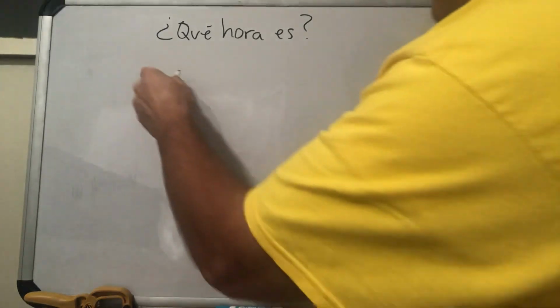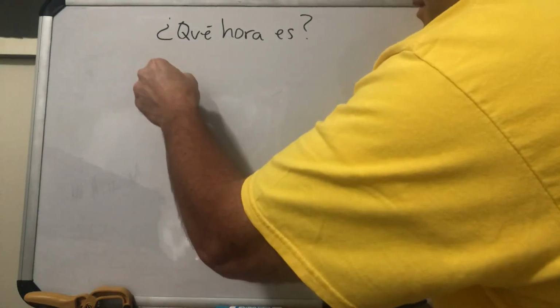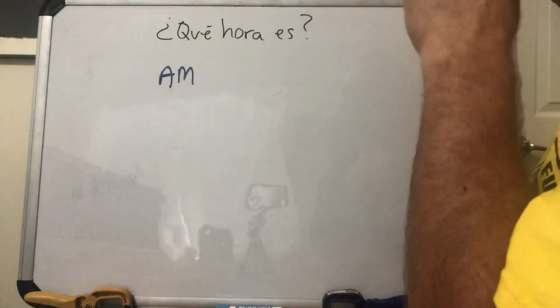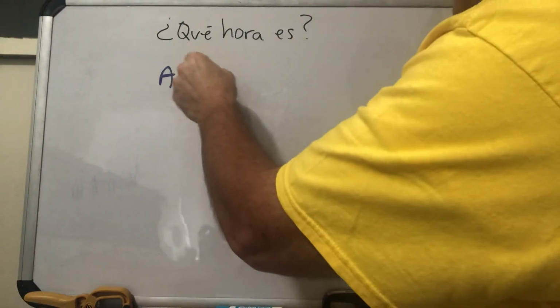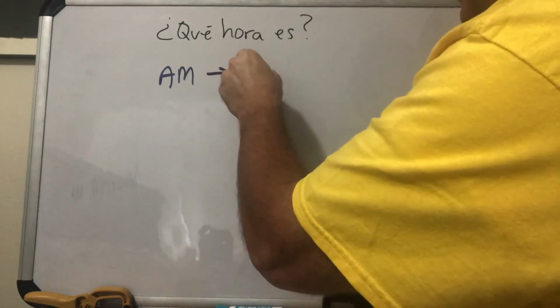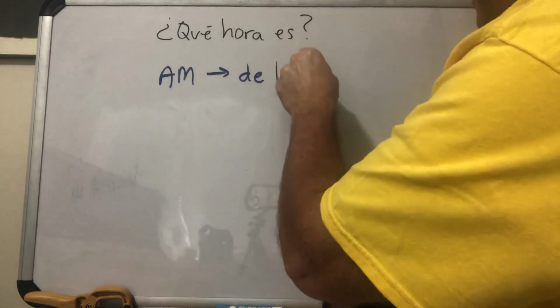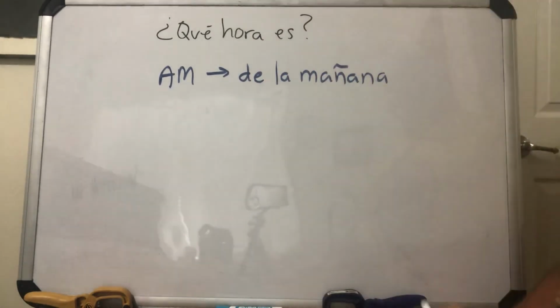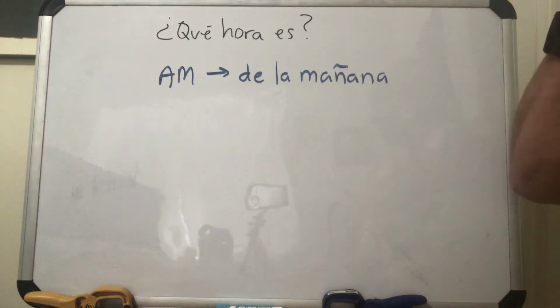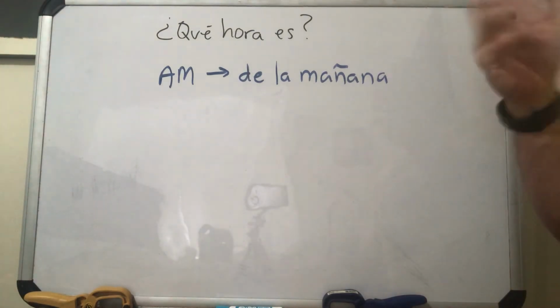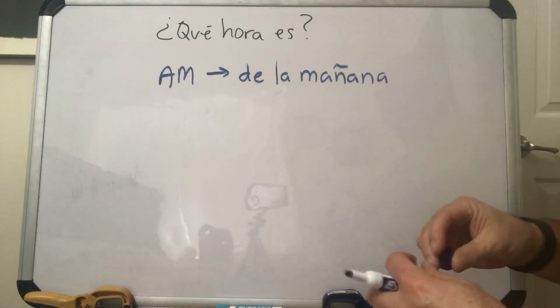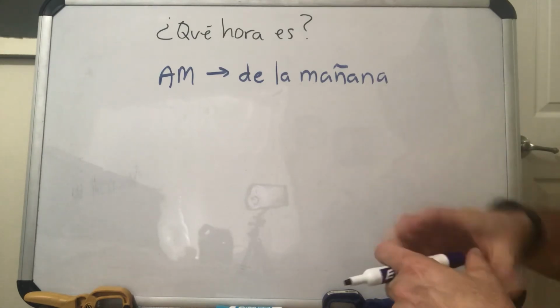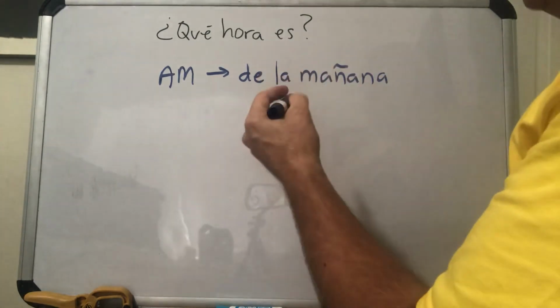So for AM, this is from midnight till noon the next day. Anytime you have AM, you just add to the end of it de la mañana. Okay? That works for all the AMs, from 1 in the morning, 1 AM, to 11 in the morning. They all say de la mañana.